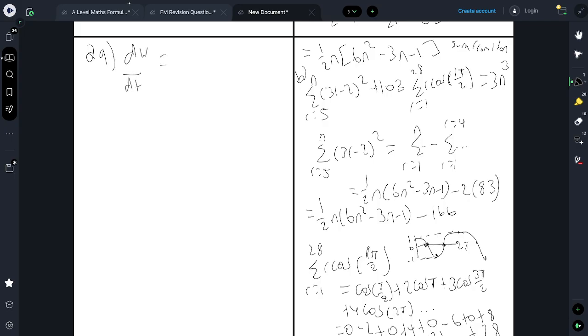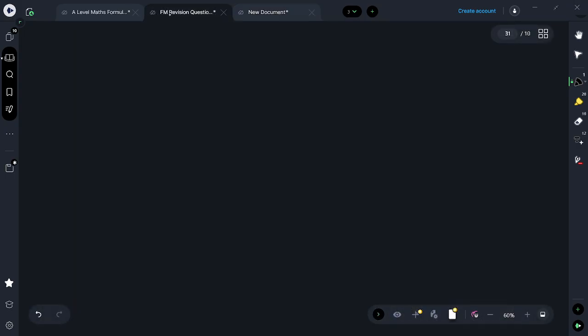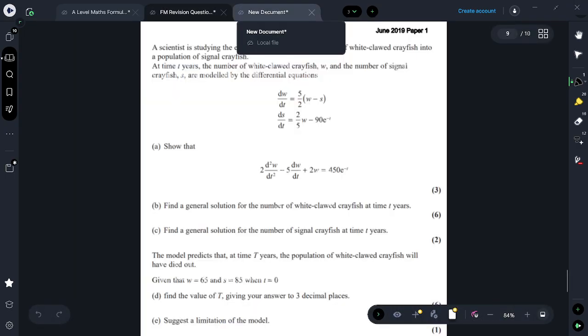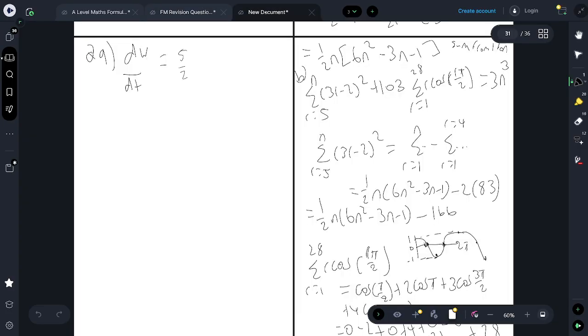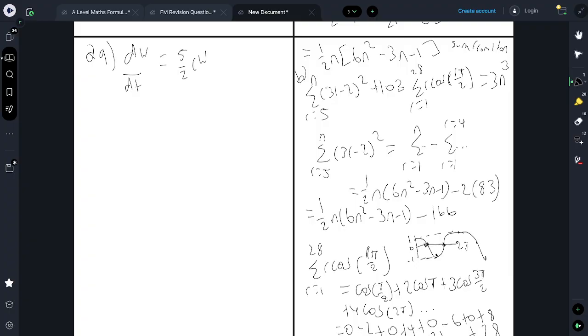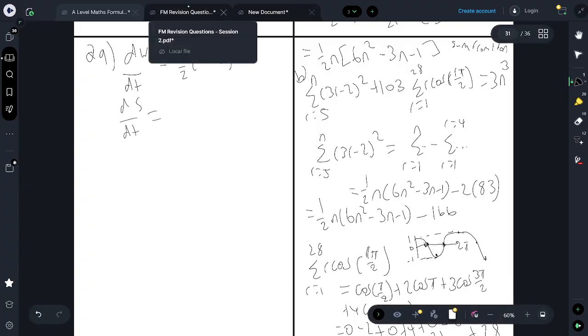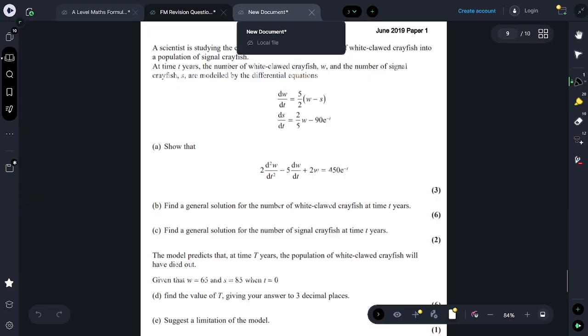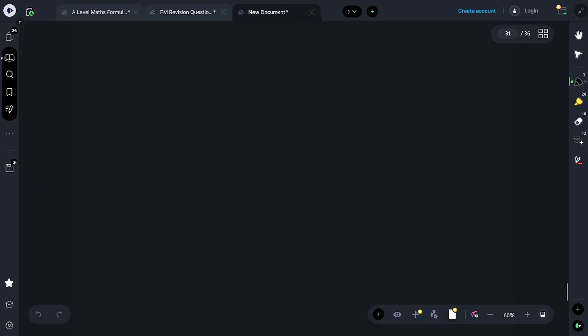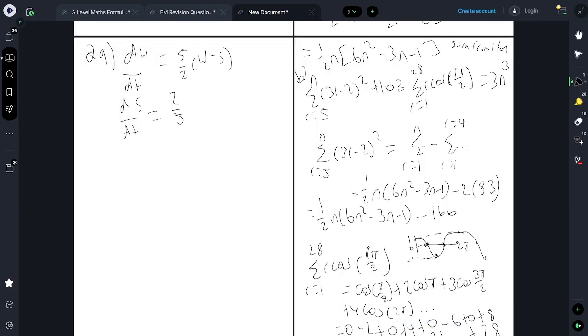So dw by dt is 5 over 2 w minus s, and ds by dt, that's going to be 2 over 5 w minus 90 e to the minus t.